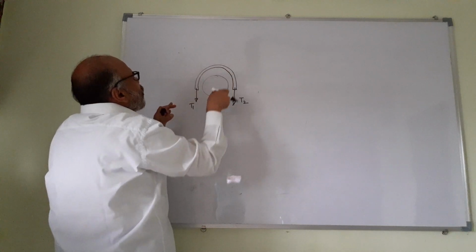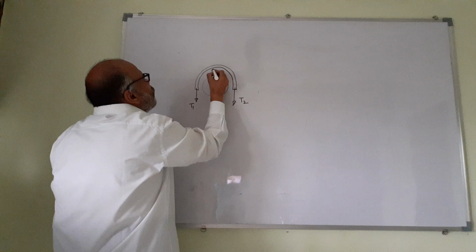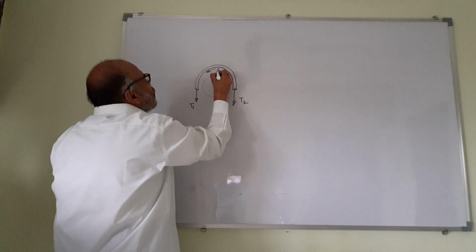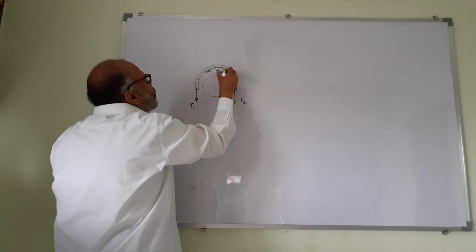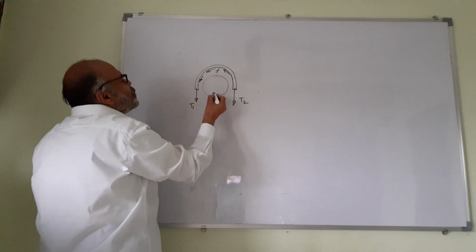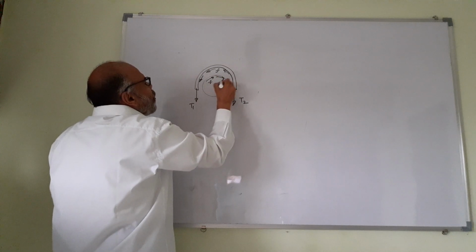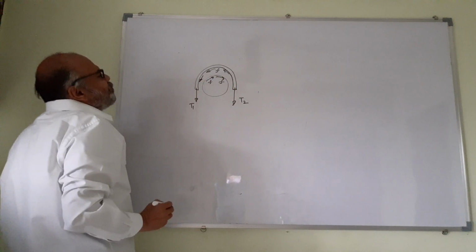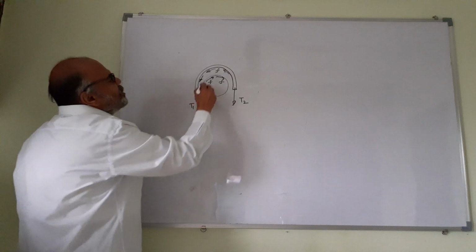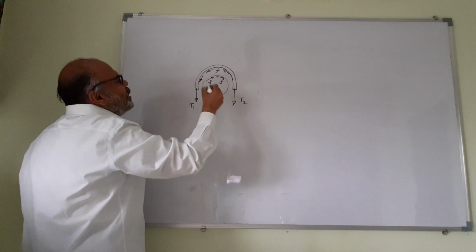So it slips in the clockwise direction, and the frictional force on the string will be in the anti-clockwise direction. By Newton's third law, the frictional force on the pulley will be in the clockwise direction. So it is this frictional force which rotates the pulley.